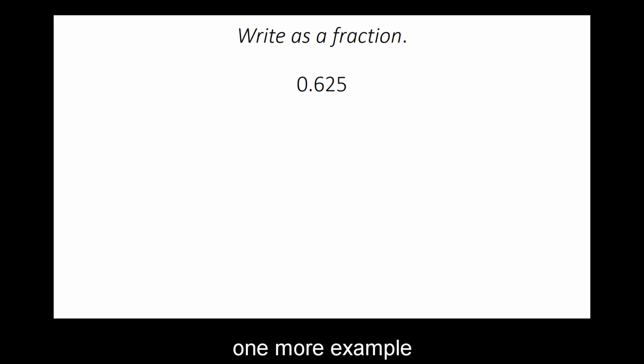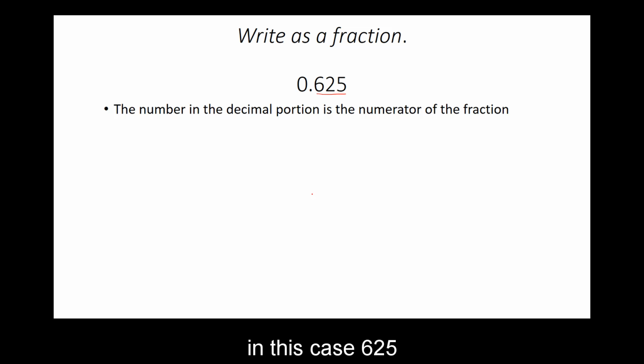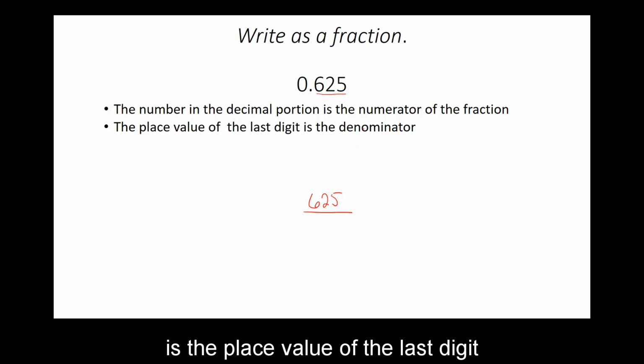Let's just do one more example. We're given this decimal and asked to write it as a fraction, so step 1 is to write the numerator. It's the decimal portion. In this case, 625. Denominator is the place value of the last digit. So it's this 5.